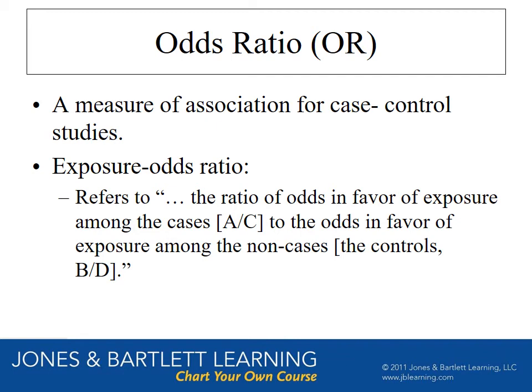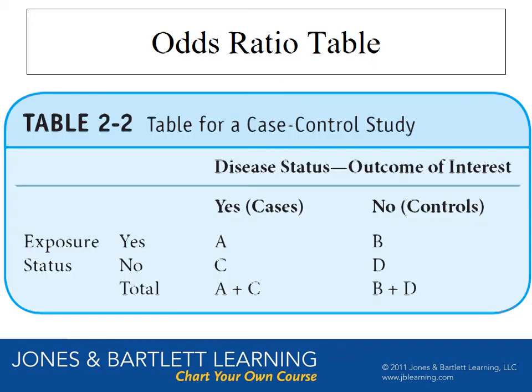So the odds ratio is the measure of the odds in favor of exposure among cases, or outcomes, to the odds in favor of exposure among non-cases, or controls. Here's a 2x2 table for data from a case control study, which is commonly the data source for an odds ratio. Here you see how we can classify a 2x2 table with exposure status, yes, no, and disease status, yes, no. A are all the people that were exposed and had disease.